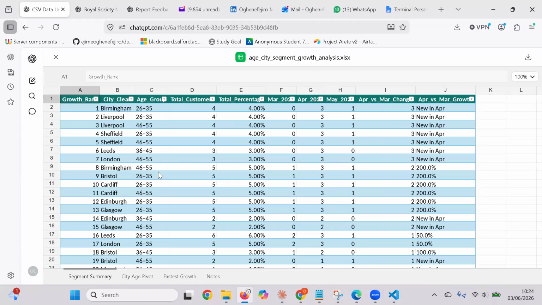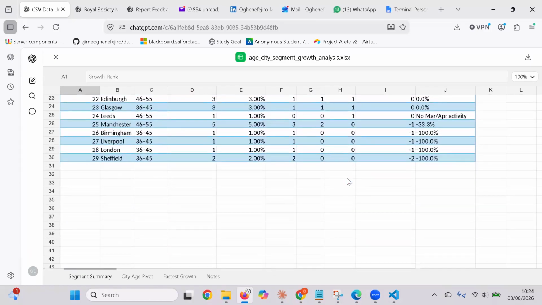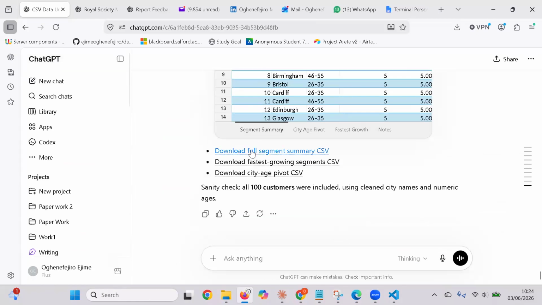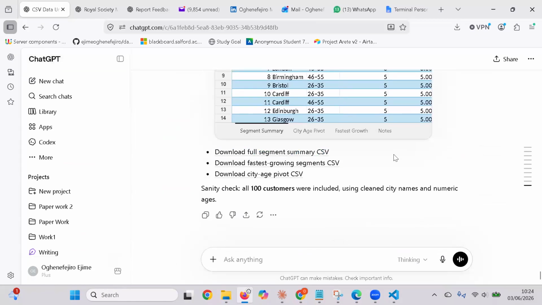Yes, it came up with this little graph for us. No worry, we'll get into this when we do our visualization, which should be much better.